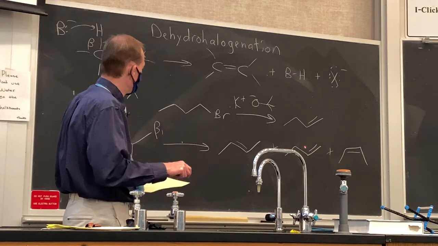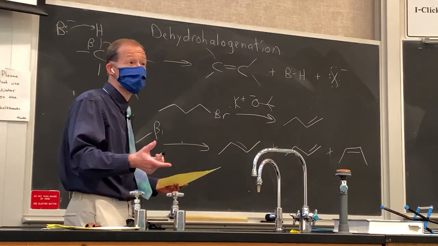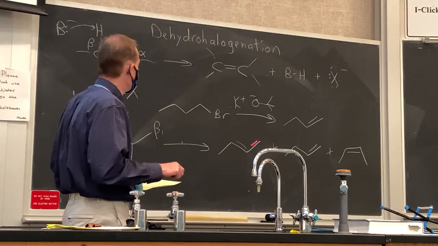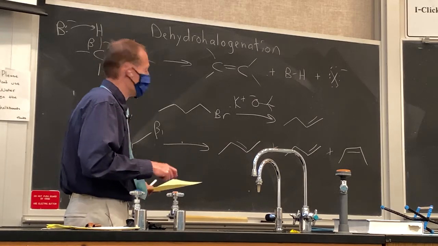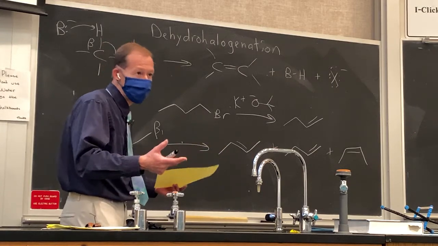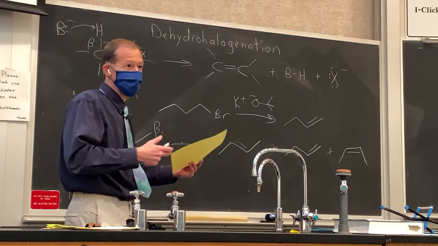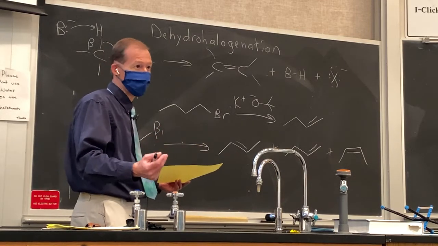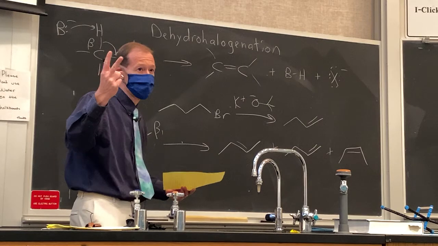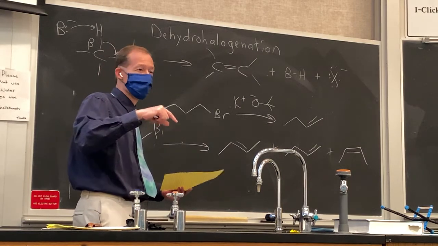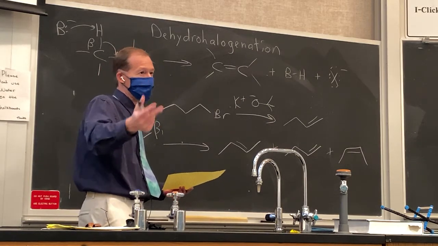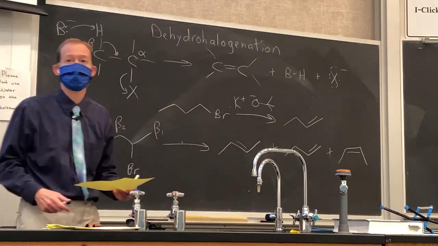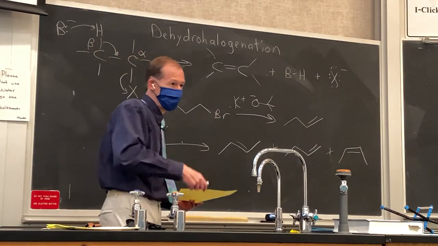So this alkene and this alkene are constitutional isomers. But then because of the properties of this alkene that we'll talk about in a little more detail, we end up having the ability to have a diastereomer of that alkene. So first we see 2 constitutional isomers, and then we see one of those constitutional isomers has a diastereomer that could form. Okay, yes, Claire.